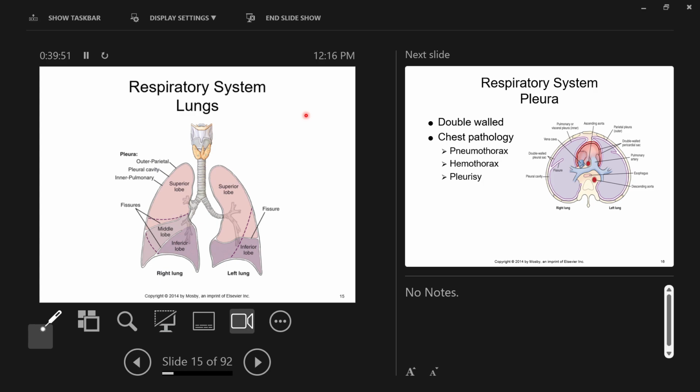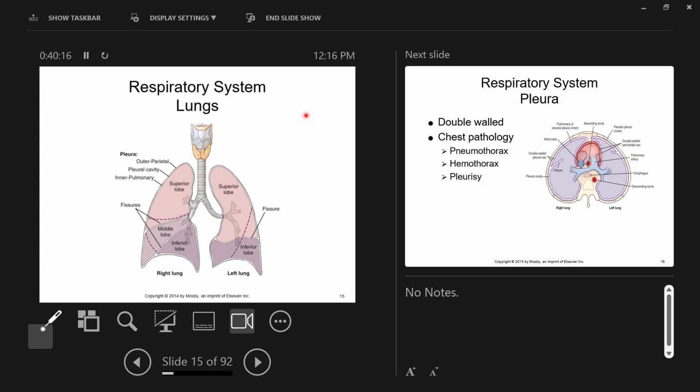The lungs are also supported, wrapped in something. They have a layered membrane around them. We call the membrane around the lungs the pleura. Pleura as in more than one, like plural. Attached to the outside of the lungs is what's called the pulmonary pleura or visceral pleura.